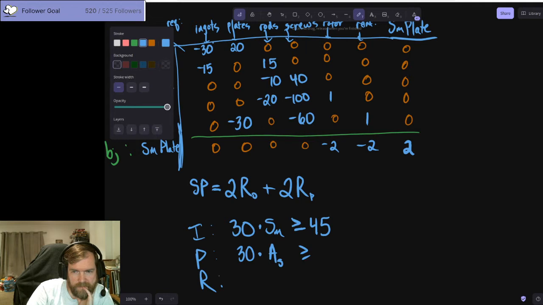Okay. So here, it's going to be 45. We got 30 times the number of assemblers is plate. It needs to be greater than or equal to... no. Production.